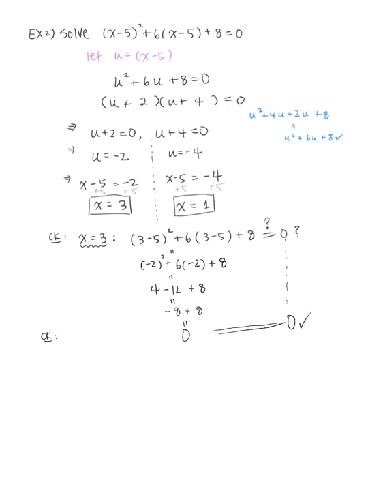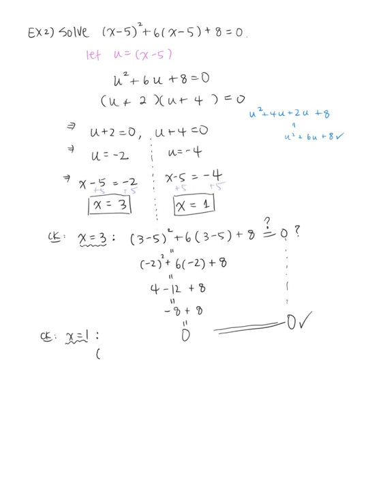Now let's check when x equals 1. All right, so I'm going to plug this back into the original equation. So let's go with 1 minus 5 squared plus 6 times 1 minus 5 plus 8. Is that going to equal 0? All right, so let's work it. So this implies that we're going to have negative 4 squared plus 6 times negative 4 plus 8.